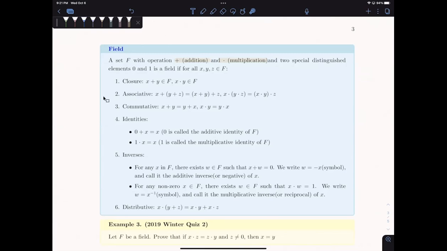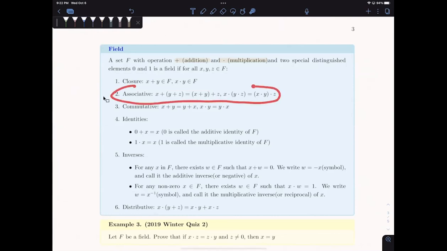You always know 1 and 0, so those two have to be in the field. So the smallest you can get is like 2. Okay, that's what I want to say about closure.